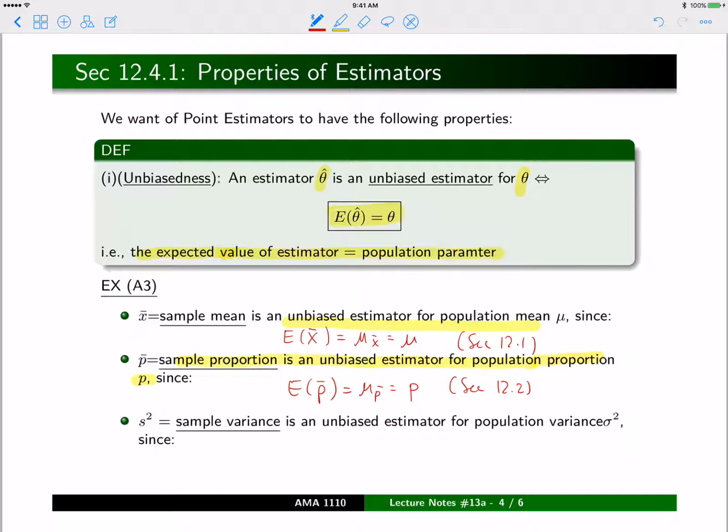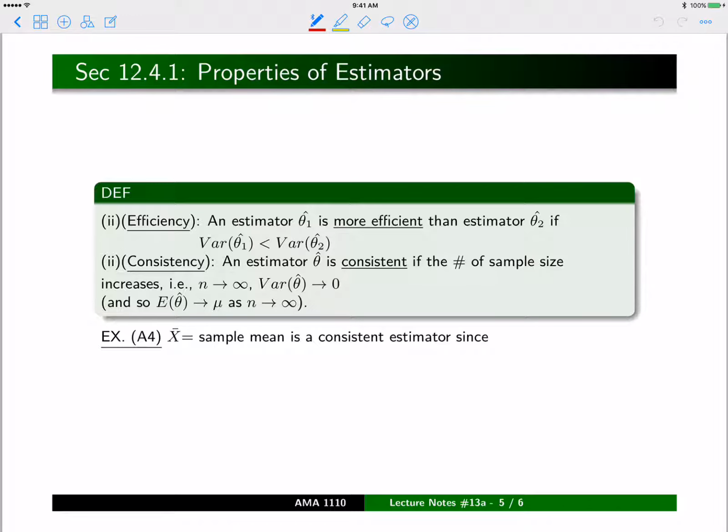And also, the sample variance is an unbiased estimator for the population variance, since the expectation of the sample variance is in fact just the true population variance. This is from section 12.3.